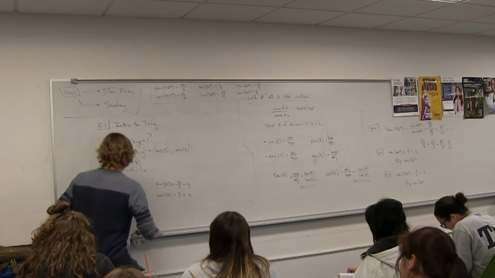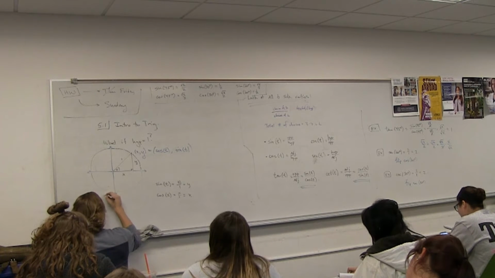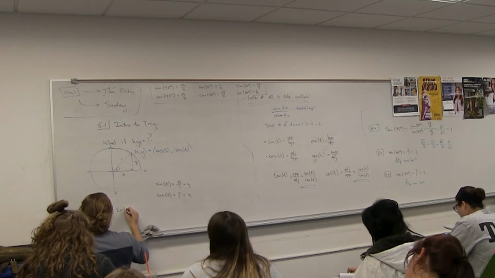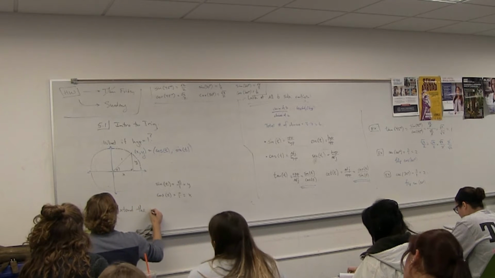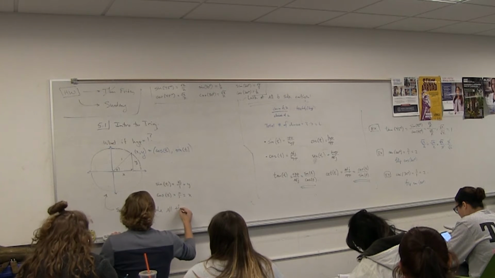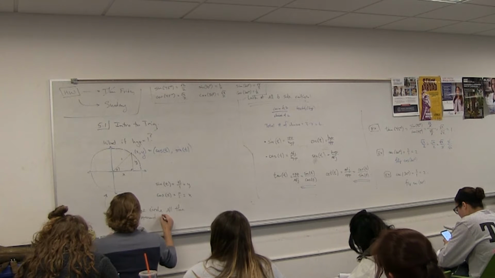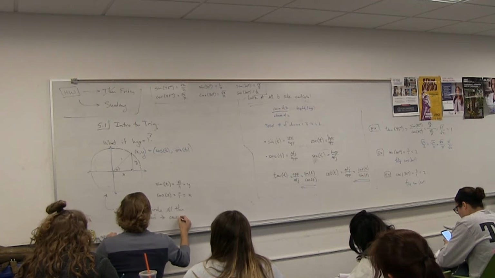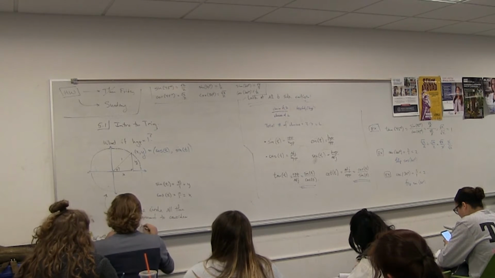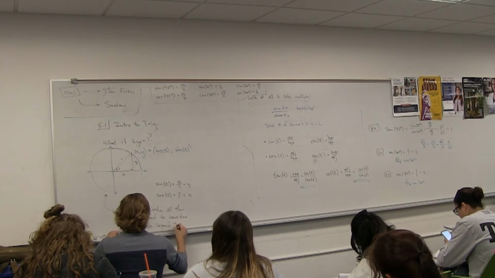So what we can do here is extend the circle all the way around, and this is to consider angles beyond 90 degrees.